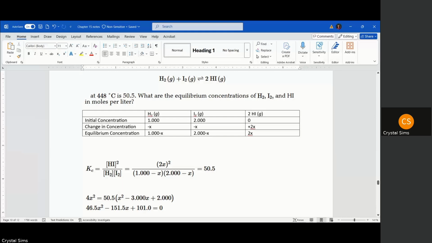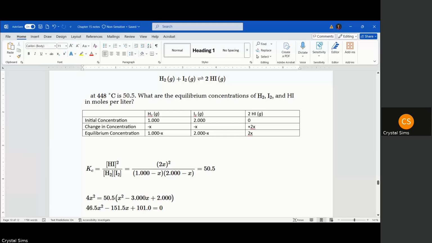Okay. And that's what I know so far, and I know my equilibrium constant is K sub C. All right, so for this one, I have a few more blanks in my table. Now I know that, again, for my HI, the initial concentration is going to be 0. Haven't produced any yet. Okay.